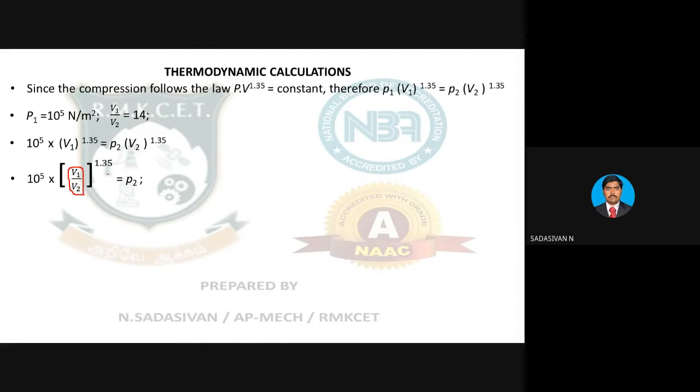So V1 by V2 power 1.35 equals P2. 10 power 5 into 14 power 1.35 is P2. Can someone try this calculation? I think I am not giving you time to do it. Let's try it. If you have a calculator, it's very easy to answer: 10 power 5 into 14 power 1.35.